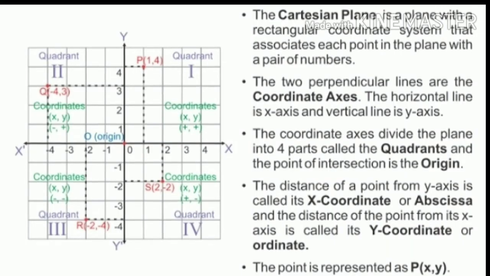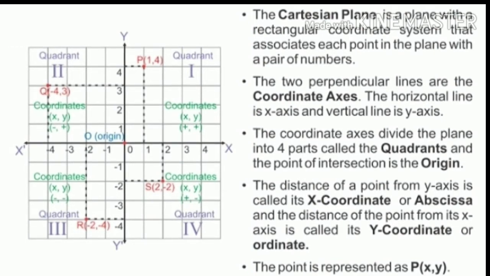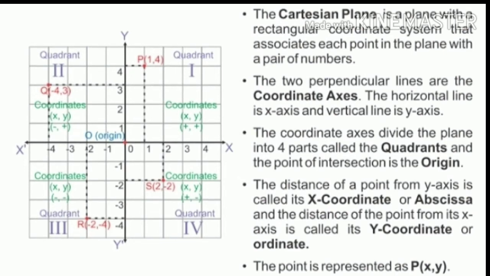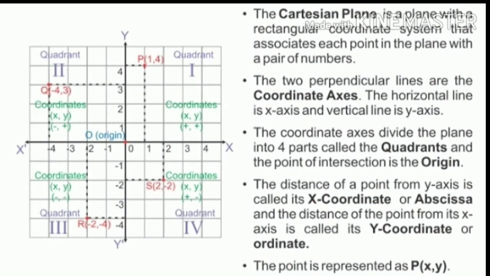Now we will recall: the Cartesian plane is a plane with a rectangular coordinate system that associates each point in the plane with a pair of numbers, and the two perpendicular lines are the coordinate axes. The horizontal line is the x-axis and the vertical line is the y-axis.